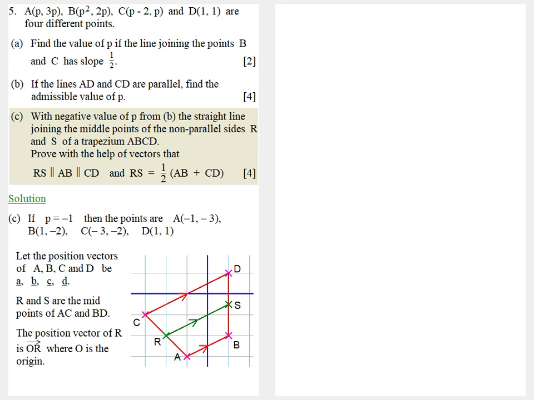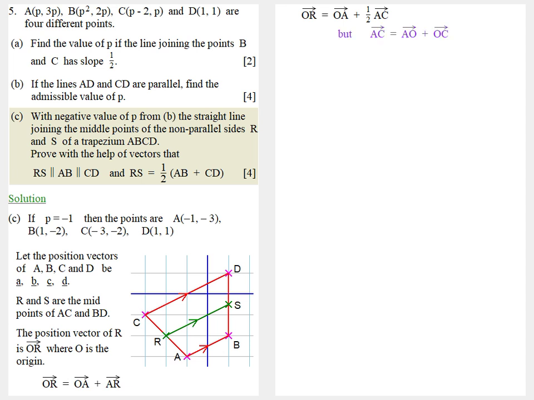Now the position vector of R is OR, where O is the origin. Going from O to R is the same as going from O to A and then A to R. So OR equals OA plus AR. But AR is half of AC, so OR equals OA plus a half of AC.